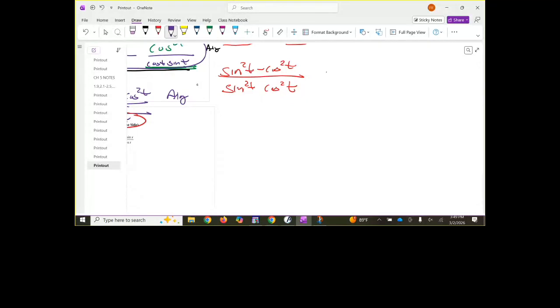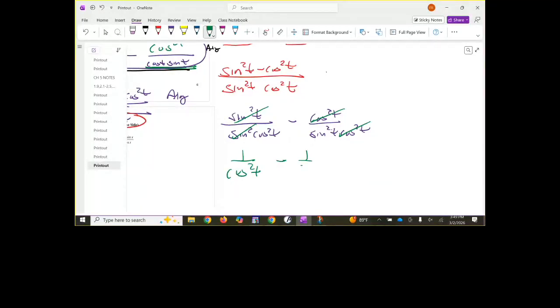I know we just combined it, but I'm going to separate it again: sine squared t over sine squared t cosine squared t minus cosine squared t over sine squared t cosine squared t. The reason I'm doing that, y'all, is those guys are going to cancel. We get 1 over cosine squared t minus 1 over sine squared t.